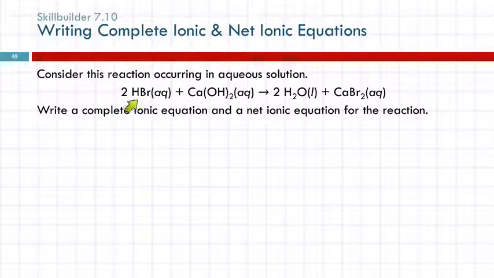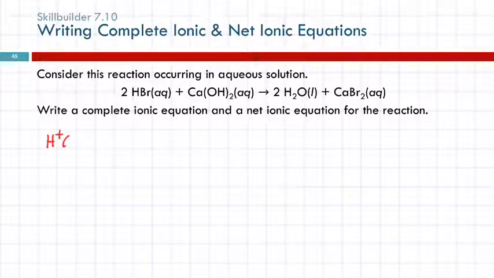So here, HBr, this is hydrobromic acid, but acids in water separate into ions. Remember that these can only form two ions. You can't form multiple different ions. So this is H plus and Br minus.